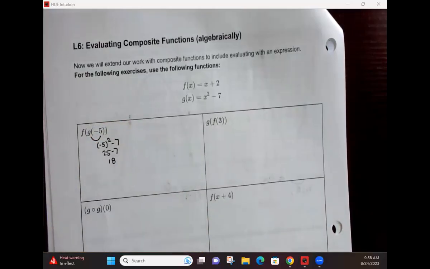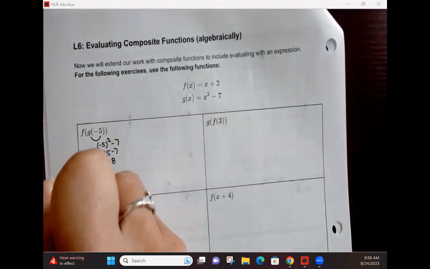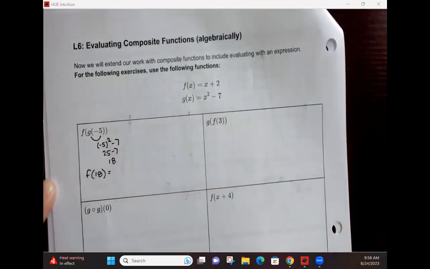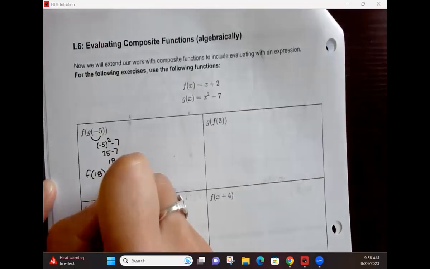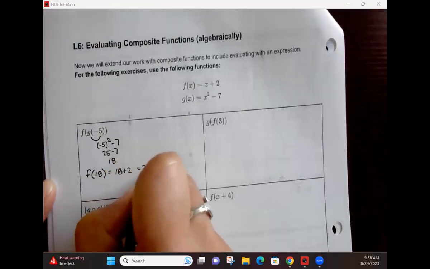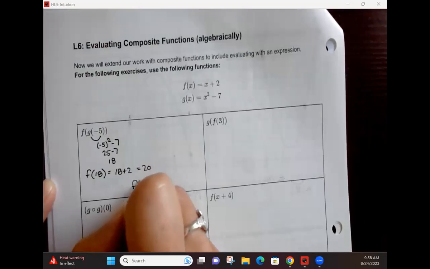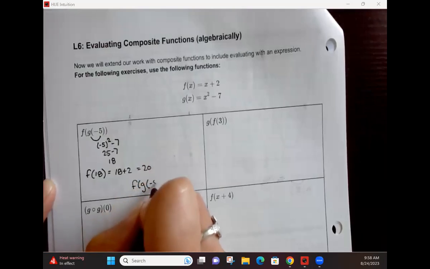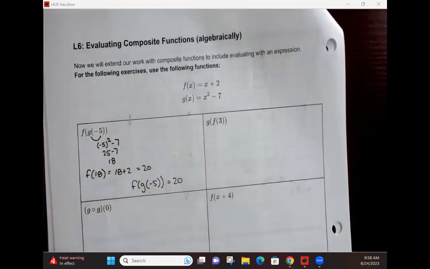So g of -5 gives us 18. And now I have to find f of 18. So f of x is x plus 2. This would be 18 plus 2. So we get 20. So remember, our answer for what is f of g of -5 is 20.